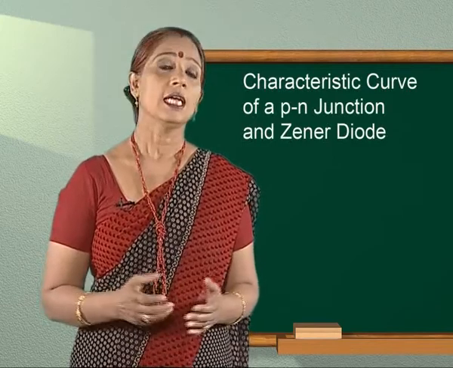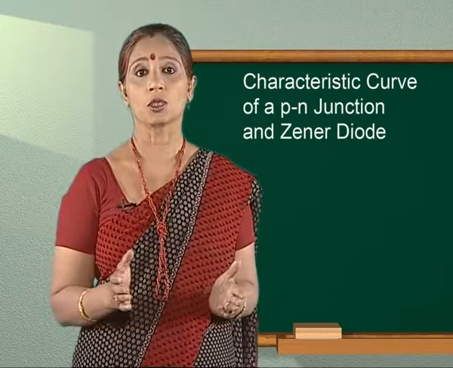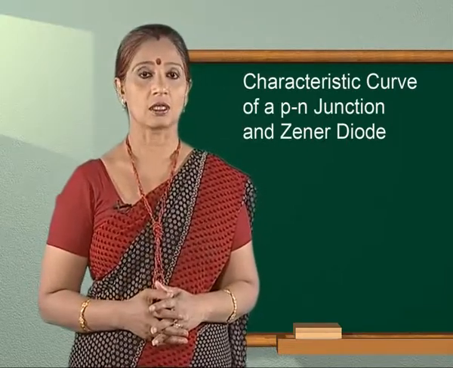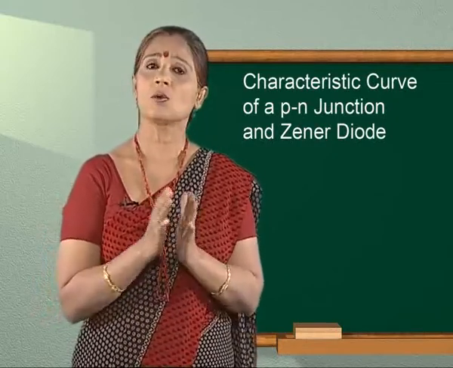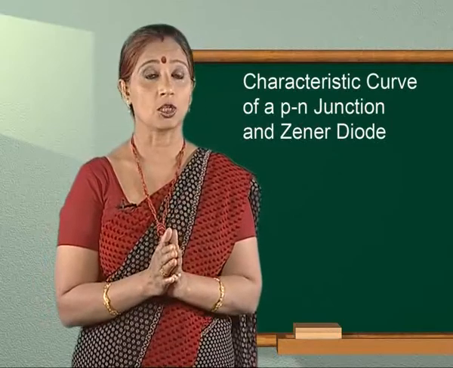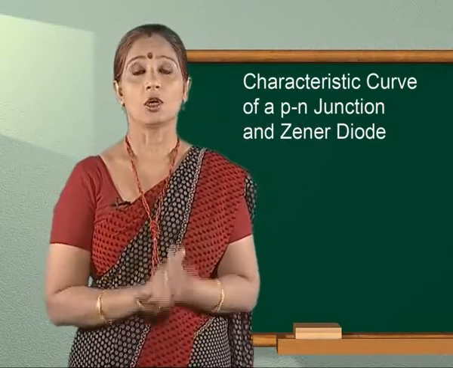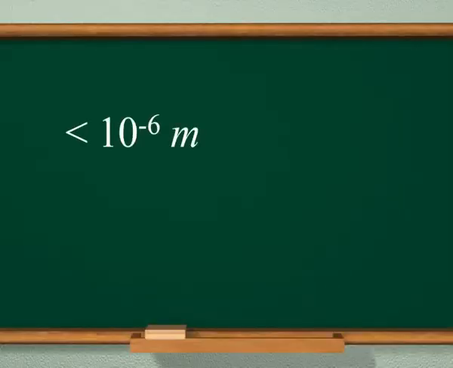Zener diode is made up by heavily doping both P and N sides of the junction. The depletion region formed is very thin because of this reason. It is of the order of less than 10 raised to the power minus 6 meter.